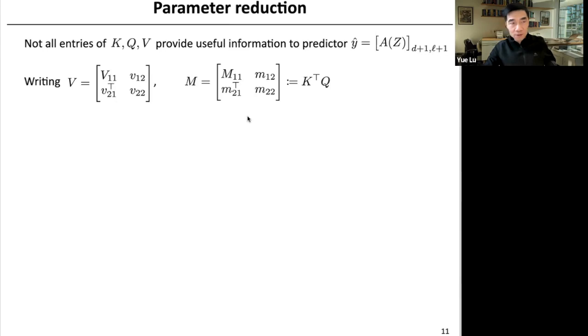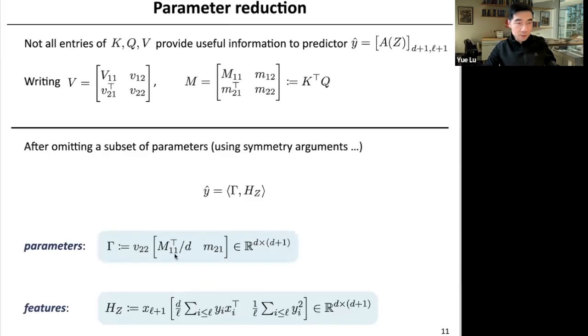The second simplification is that we are going to set certain entries of V and M to 0, and there are some justifications for why this is a good approximation to the actual problem. If you do that, then you can see that the problem becomes a linear system. Here gamma is the trainable parameter.